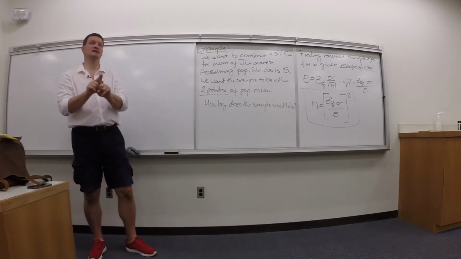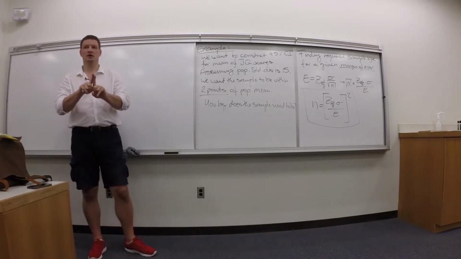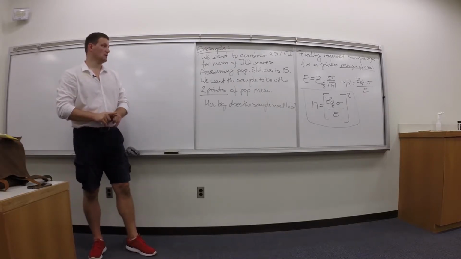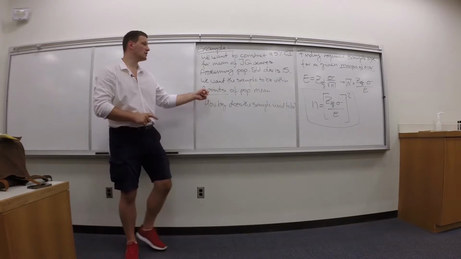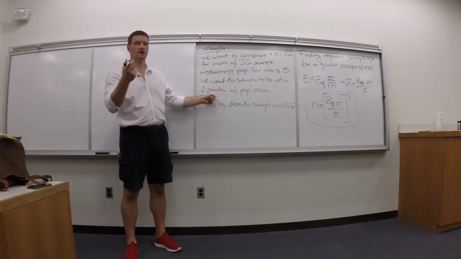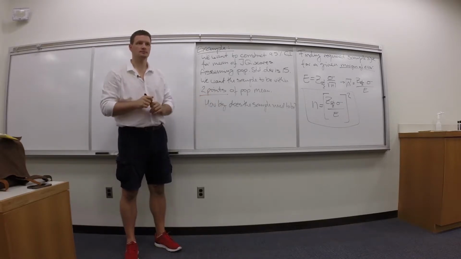And eventually when we ask everybody, we're going to achieve the population mean. So how far do we want to be? Well, we want to make sure that X bar is within 2 points away from the population mean.